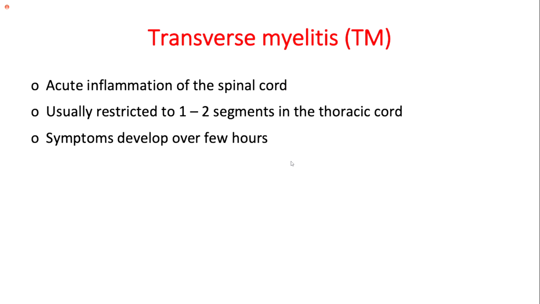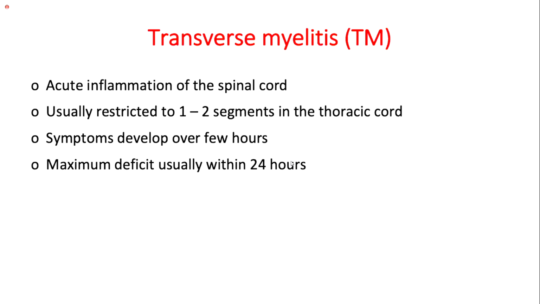So if it's acute, the symptoms develop over a few hours, and the patient reaches maximum deficit within 24 hours. Here is an anecdote: a young person, a 26-year-old, wakes up in the morning and finds a little tingling in the lower limbs. By about 9, 10 o'clock, there is more numbness in the feet.